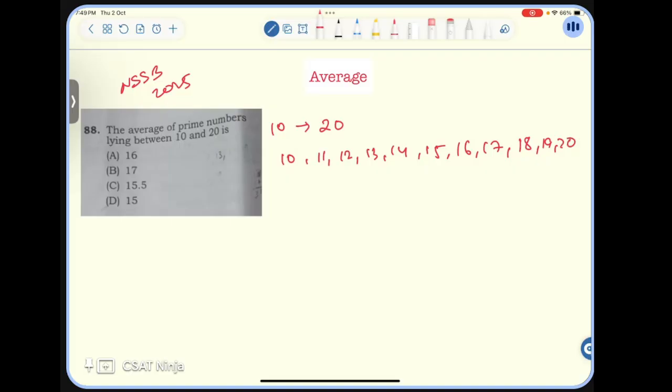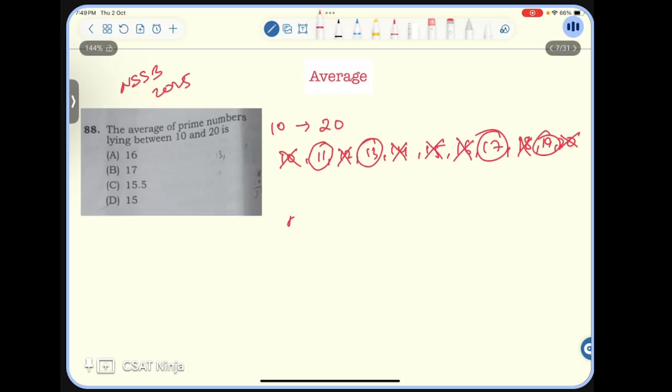We just need to select the prime numbers here. 11 is a prime number. Remember, 2 shouldn't be included. So 11 is a prime number, 12 is not, 13 is a prime number, 14 is not, 15 is not, 16 is not, 17 is a prime number, 18 is not, but 19 is a prime number.